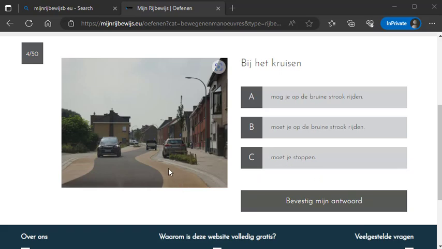This part of the road that is colored brown is called the suggestion lane. The bicycles ride on this lane, but it's not reserved for bicycles. So you must always drive on this suggestion lane. And if there is a bicycle, then you just drive carefully. So the answer is you must continue driving on this suggestion lane.